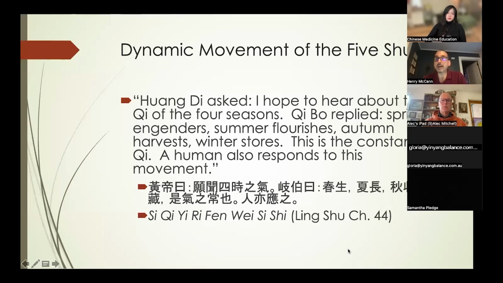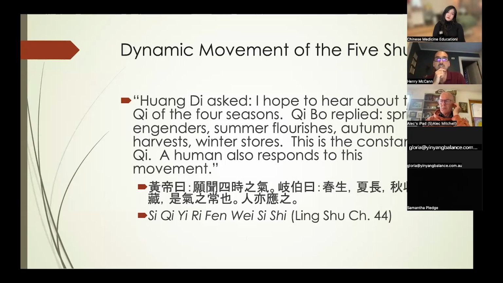So let's talk about how acupuncture can move qi and blood in the body, or one of the ways we can look at its ability to move qi and blood in the body. This is a quote from chapter 44 of the Ling Shu. Most of us know that the Huangdi Neijing is a conversation between Qibo, who was the Yellow Emperor's teacher, who was a physician, and the Yellow Emperor.